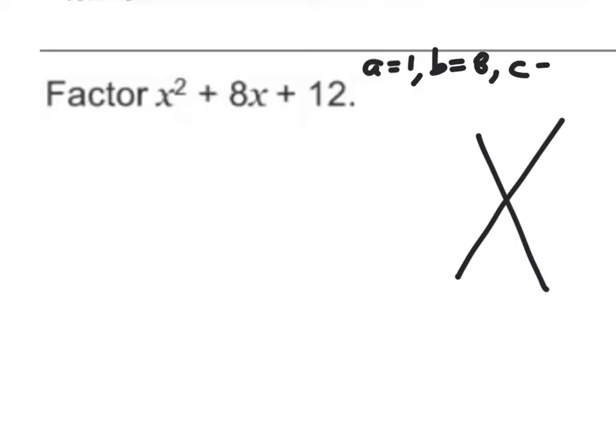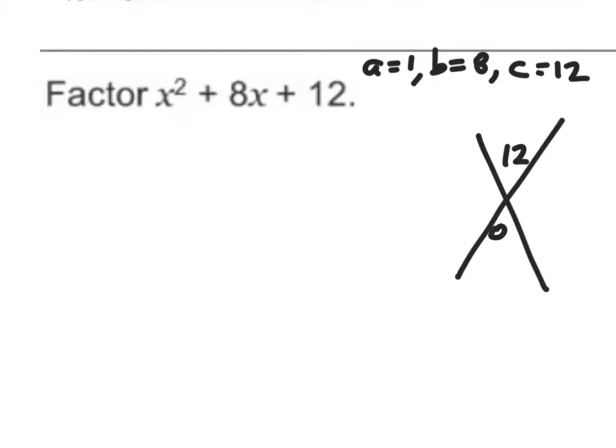And then my C value is equal to 12. So if I take my values for A and C and multiply them, I'm just going to get 12. 1 times 12 is 12. And then I want to put my B value 8 down here.